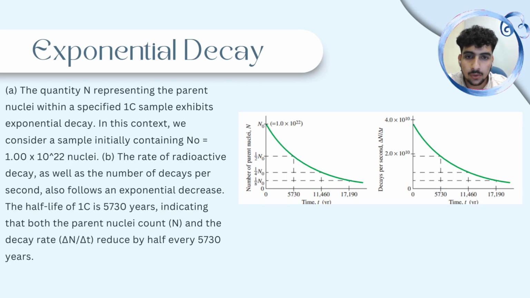Following with the two figures A and B, in A the quantity N representing the parent nuclei within a specified carbon-14 sample exhibits exponential decay. In this context, we consider a sample initially containing 1 times 10 to the power of 22 nuclei, whereas in figure B, the rate of radioactive decay, as well as the number of decays per second, also follows an exponential decrease.